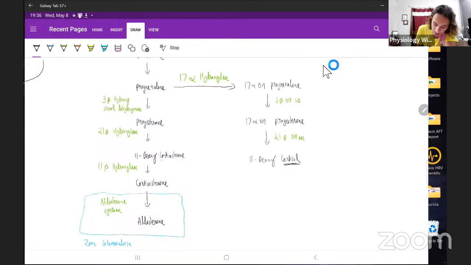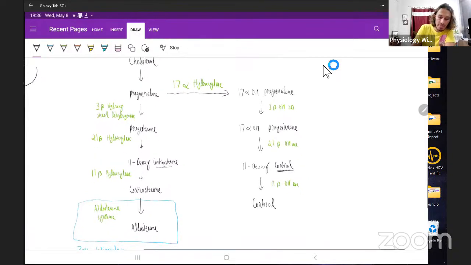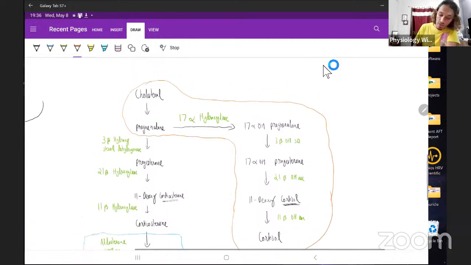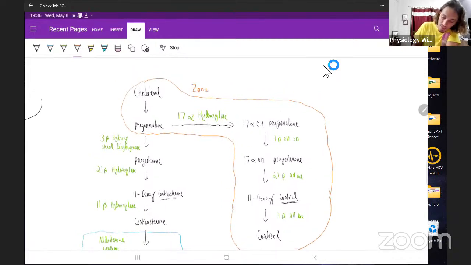Okay, so that is the difference: corticosterone there, cortisol here. So onto this now, if we put an 11 beta hydroxylase, it will finally give you your cortisol. So in this series of steps that we saw, first a 17 alpha hydroxylation, then it goes down the beta route to finally give cortisol. That is what happens in your zona fasciculata majorly.